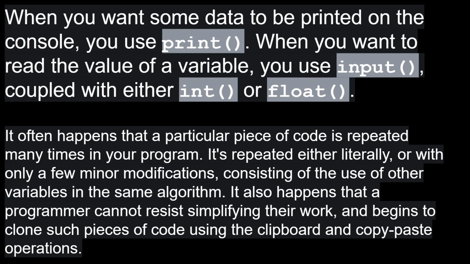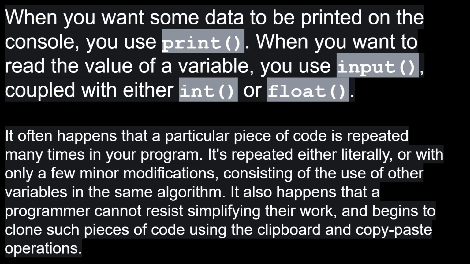Now, when you want some data to be printed on a console, for instance, in Python, you use print. When you want to read values of a variable, you use input coupled with either integer or float. Now, these things are functions. Print is a function that is built into Python already. Input is a function that comes with Python already.